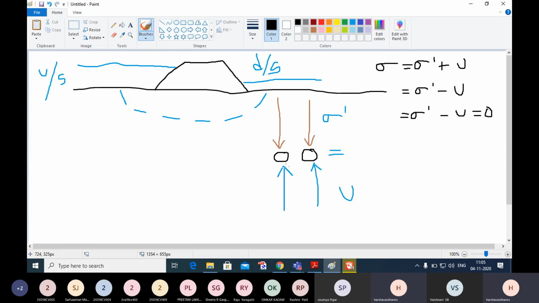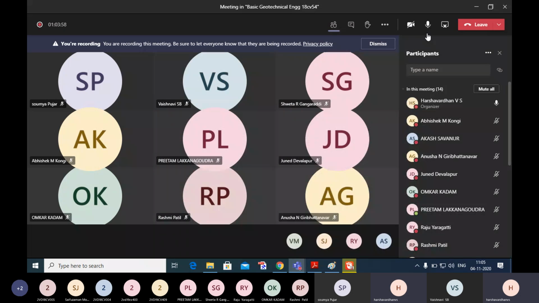So it will be forced to move in upward direction, because when the pore pressure is greater than the total pressure, the soil particles move in upward direction, acting as a viscous liquid.